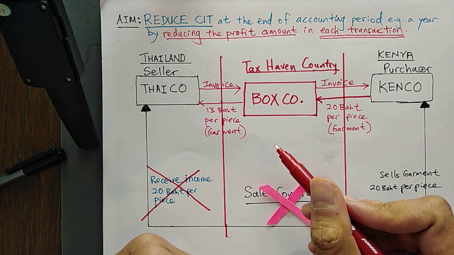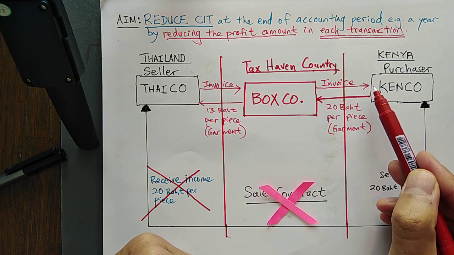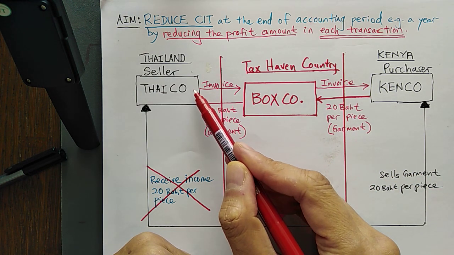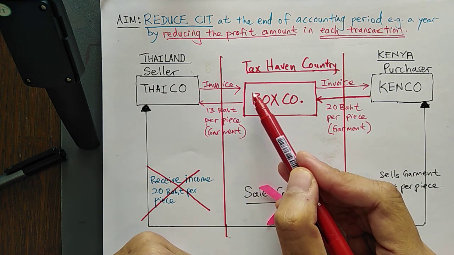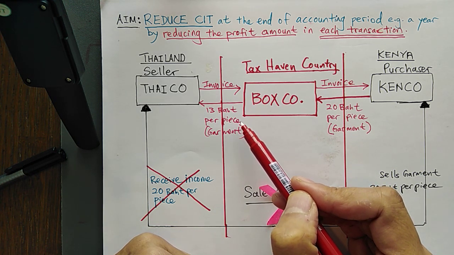So invoice here, 20 baht per piece for the garment. Taiko invoiced the box company for garment at 13 baht per piece.